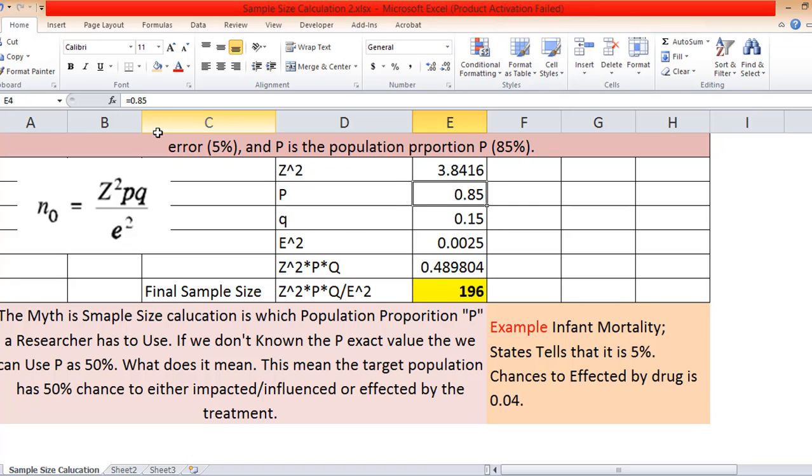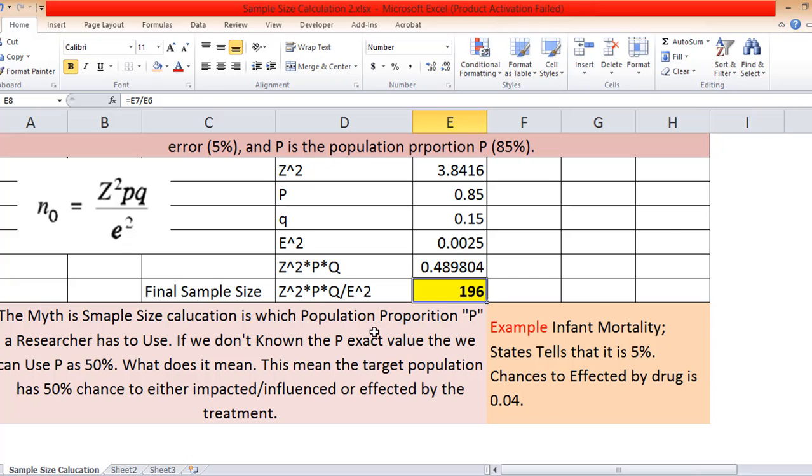So when P is equal to 0.85, Q is 0.15, and E squared is basically the margin of error squared. When we multiply Z squared by P and Q, we have this value, and when we divide this by the margin of error squared, we get 196. You can see here is the multiplication and here is the division. We have divided E7 by E6. E7 is Z squared PQ, and E6 is the margin of error squared.